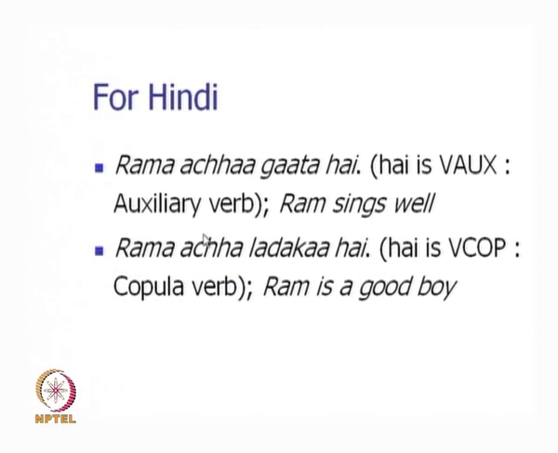So, the part of speech tagger has to disambiguate this. If you say that this disambiguation is not difficult, because the adverb is followed by a verb, the adjective is followed by a noun, then you might be misled into what is called false positive and false negative, which we have discussed last time in the lecture.